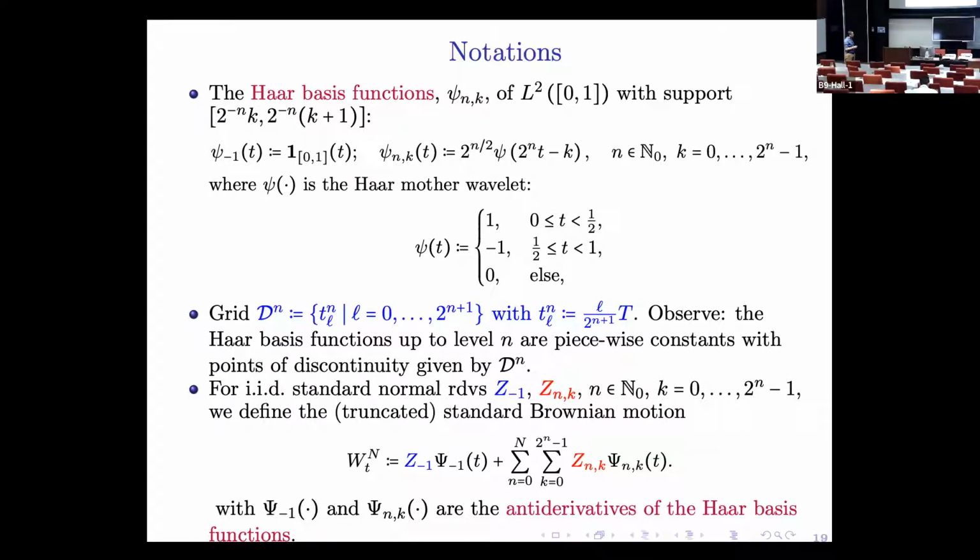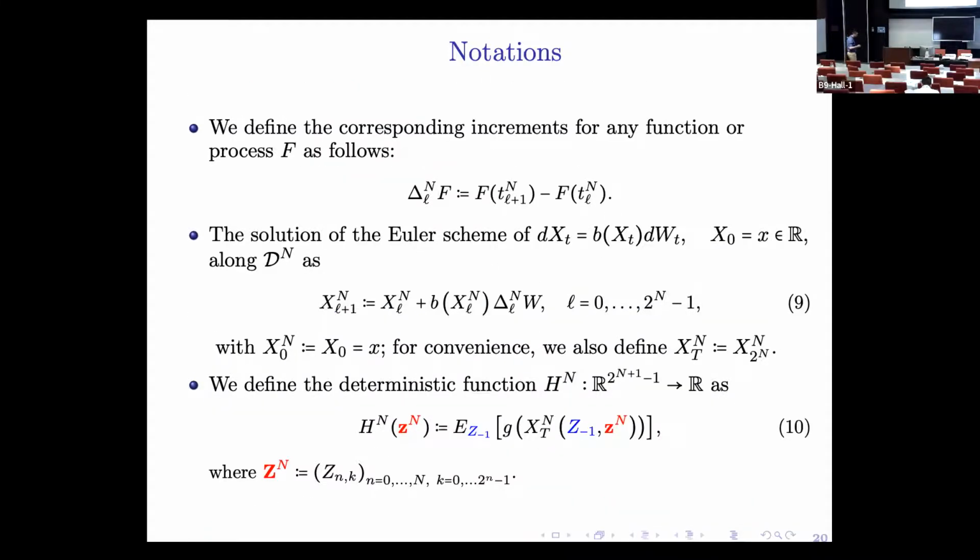So I'm calling zeta_n the random variables that contribute for this term, except zeta_{-1}. So you can see the Euler discretization as a deterministic map. Given zeta_{-1} and zeta_n, this is a deterministic map, right? And this also applies for H_n. So you take the expectation with respect to zeta_{-1} of the payoff applied to the Euler discretization.